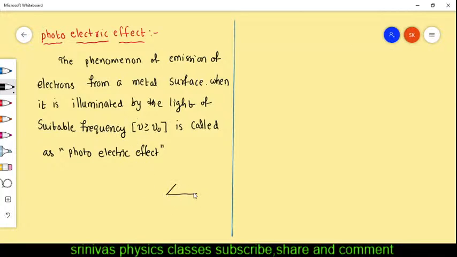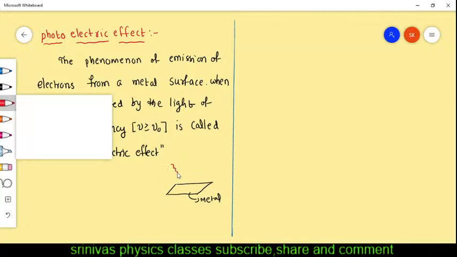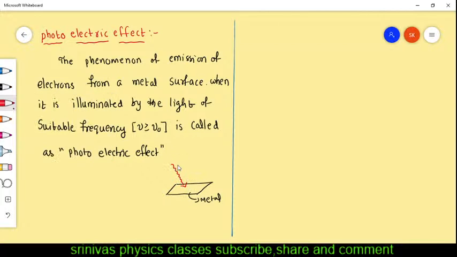Let us see here. This is a metal surface, and here the light is incident. For example, this is a light incident on the metal surface. The light should have a certain frequency to emit the electrons.